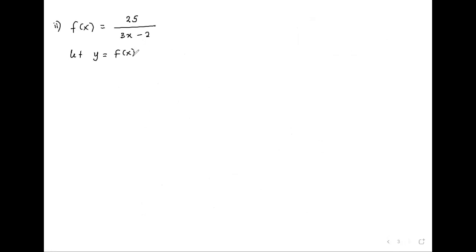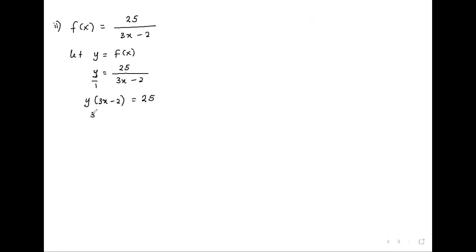So we let y be equal to f of x. And then because we know f of x, this implies that y is equal to 25 over 3x minus 2. Then we cross multiply. We have y times 3x minus 2 is equal to 25. Remember, we're making x the subject here. So we expand throughout.